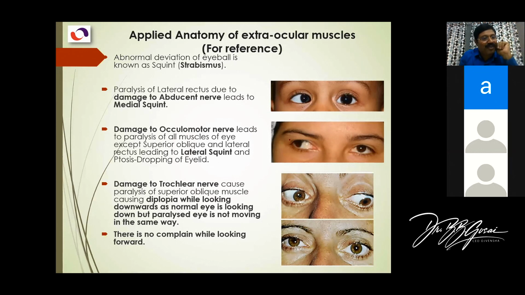That condition is known as ophthalmoplegia. But the predominant feature of ophthalmoplegia will be lateral squint. That will give you a clue that something is wrong with the oculomotor nerve or oculomotor nucleus in the midbrain. So this is the lateral squint.